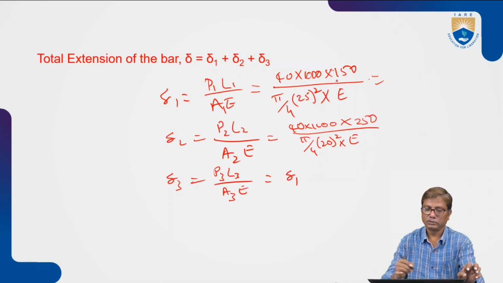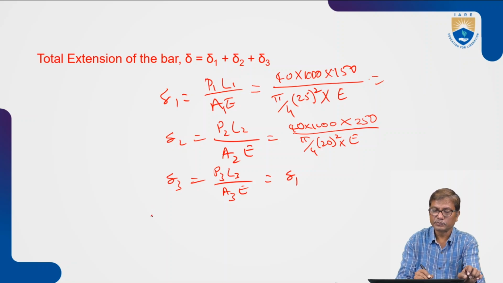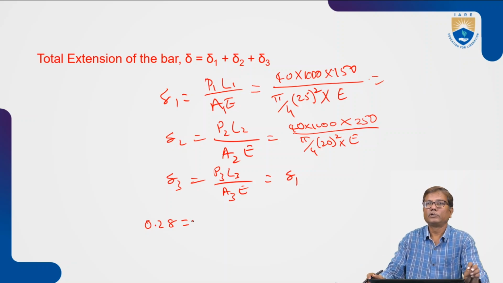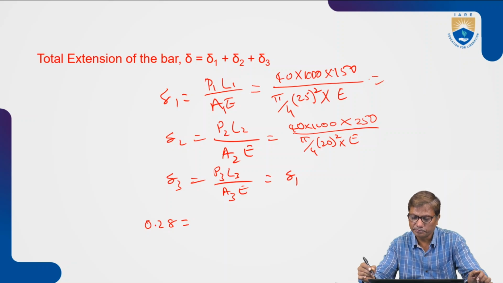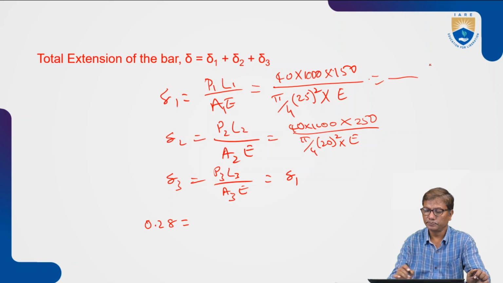That means what is delta 1? So if you add these two now, you will get total elongation which is given as 0.28. So it comes out, so we'll calculate this.